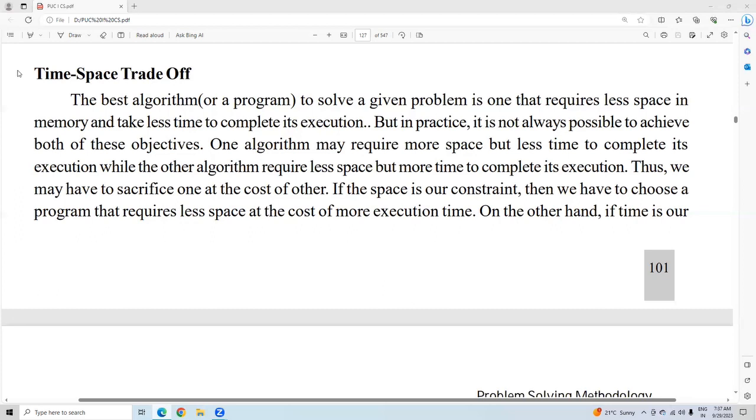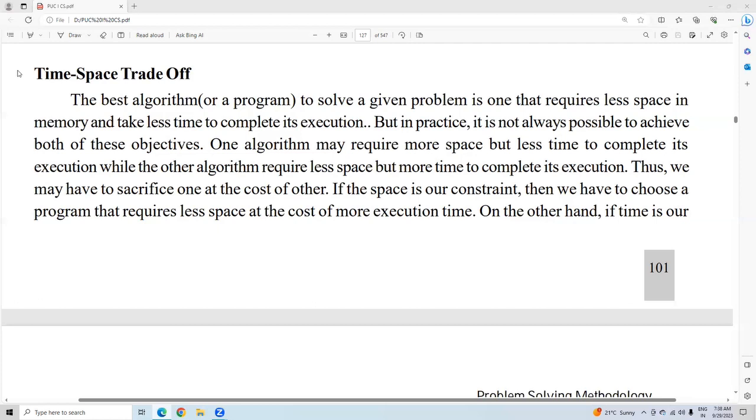Practically, these 2 things are not always possible together.